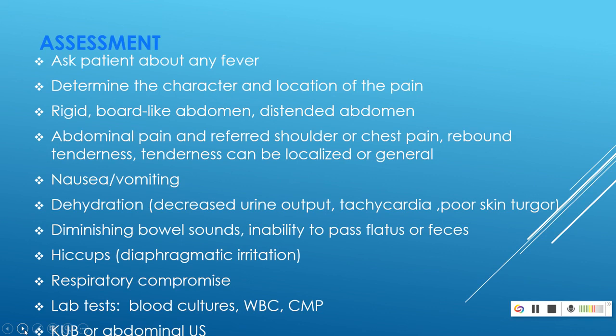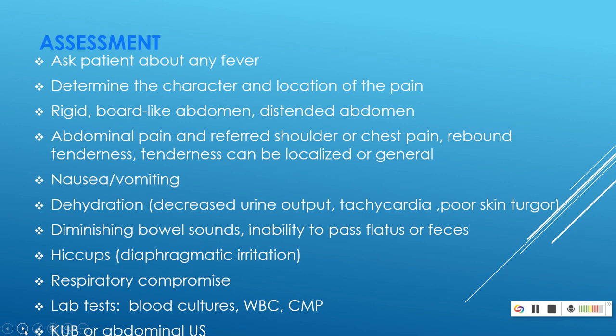Hiccups, diaphragmatic irritation. So we got the peritoneal cavity increasing with fluids, pushing up on the diaphragm. It's causing it to be irritated. We just mentioned the respiratory compromise because the diaphragm can't drop down and allow for full volume lung expansion.